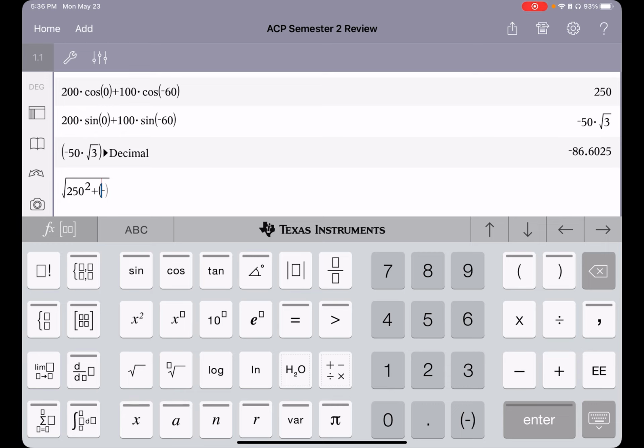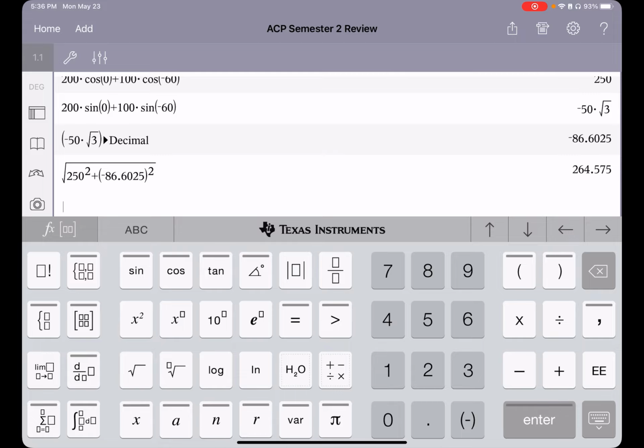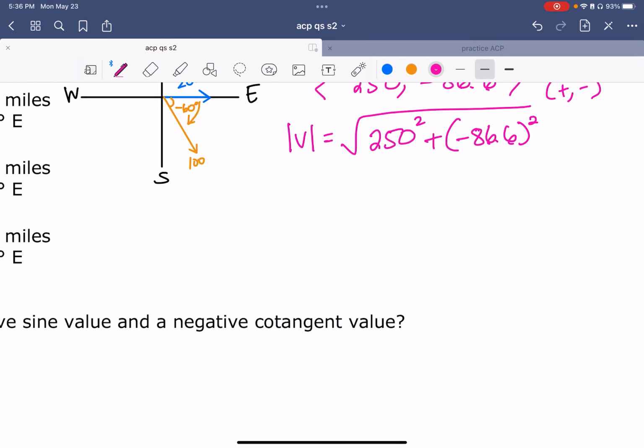Paste. Squared. And then enter. So the magnitude is about 264.6 if you round.